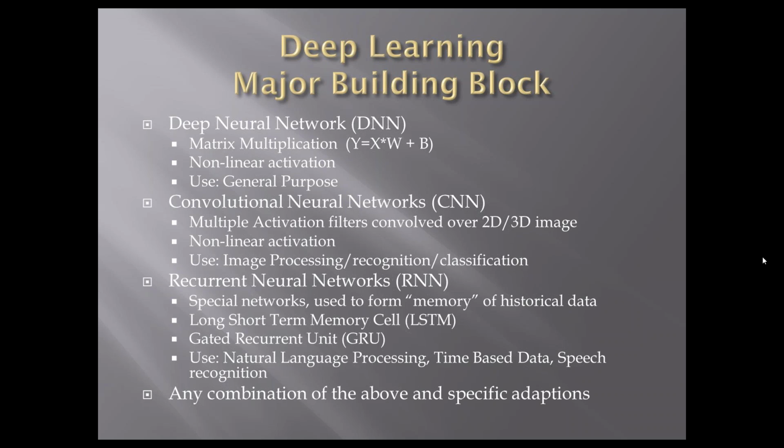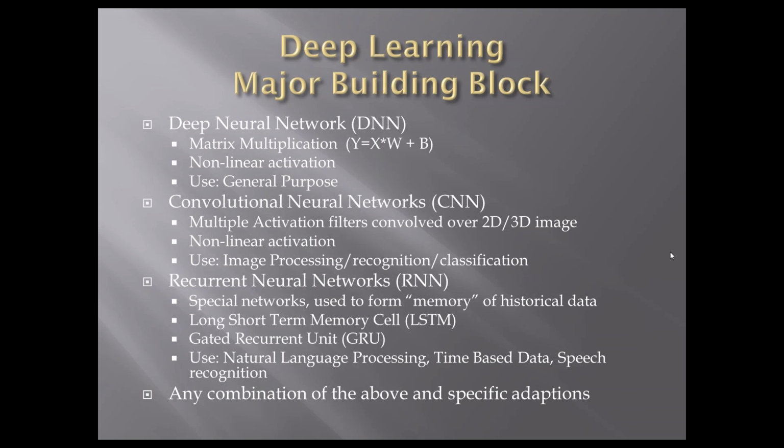So they've developed other cells, like the long short-term memory cell, the LSTM, as well as the gated recurrent unit. The LSTM is probably the most popular and most functional of these building blocks. It gets around some of those limitations that are well documented out on the net for the RNN. You can stack multiple LSTMs together and get some very interesting functions out of those.